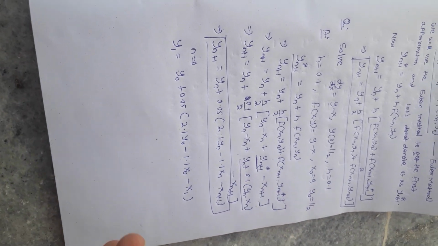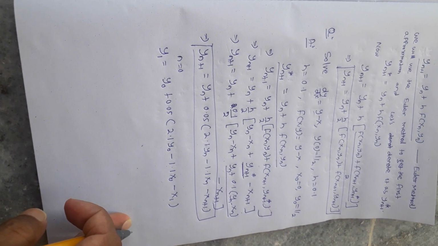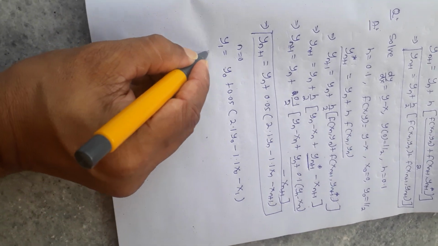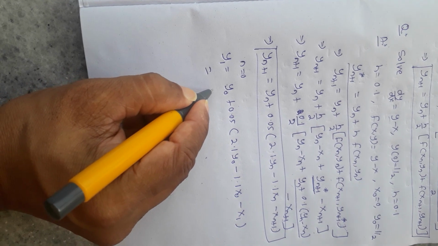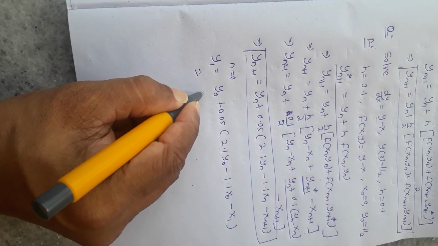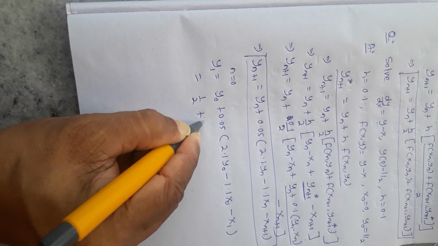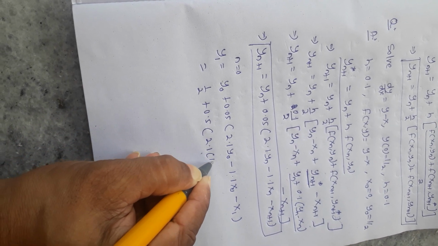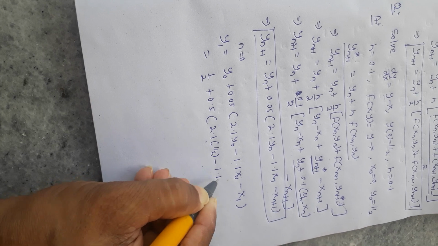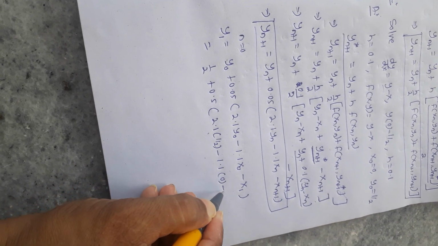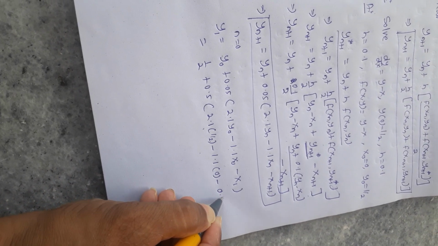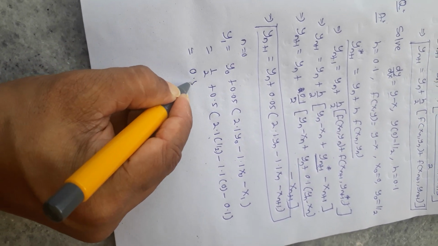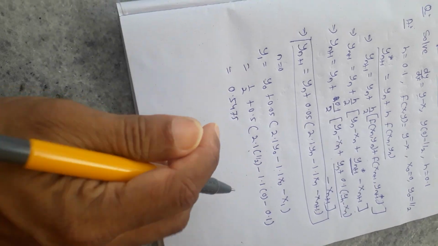So x1 will be x0 plus h, that means 0 plus 0.1, simply 0.1. So now it will be y0 will be 1 by 2, plus 0.05 into 2.1 into y0, which is 1 by 2, minus 1.1 x0, which is simply 0, minus x1, meaning 0.1. So as per calculation it will be 0.5475.